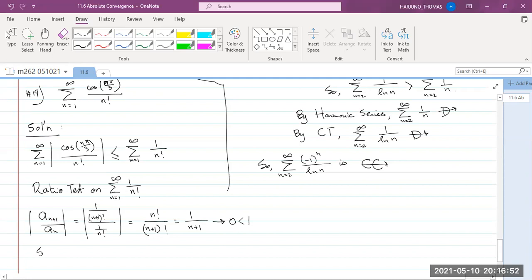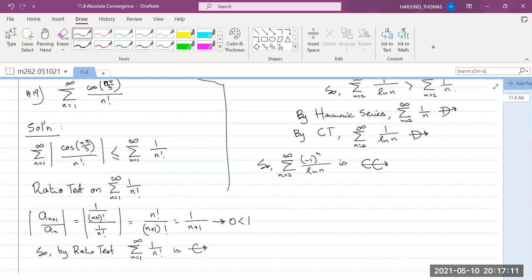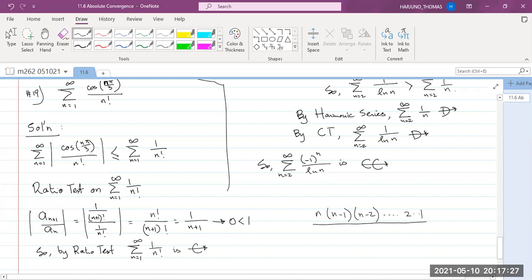So, by the ratio test, this series is convergent. Factorials cancel each other out. Here's the thing. n factorial means n times n minus 1 times n minus 2 all the way down to 2 times 1. The denominator is n plus 1 factorial, which means you start from n plus 1.